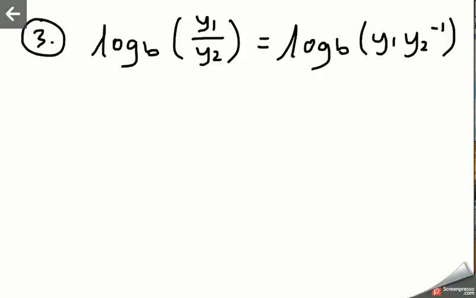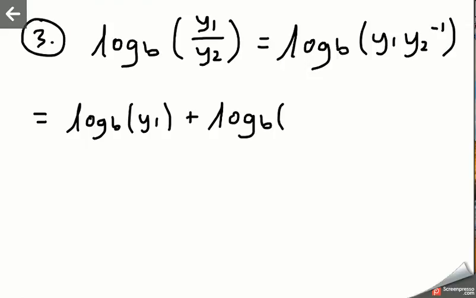By the multiplication rule, this is equal to log to the base b of y1 plus log to the base b of y2 to the negative 1. Remember, y1 and y2 are still positive numbers.